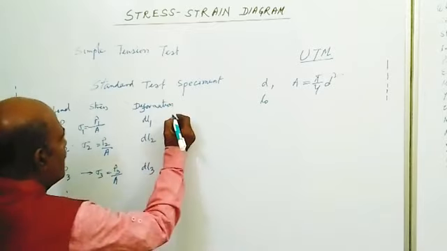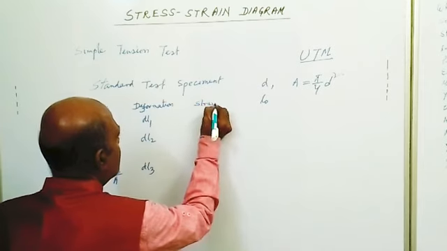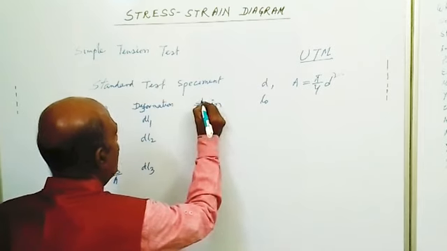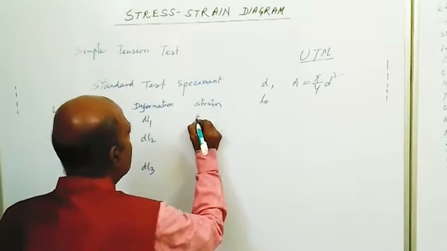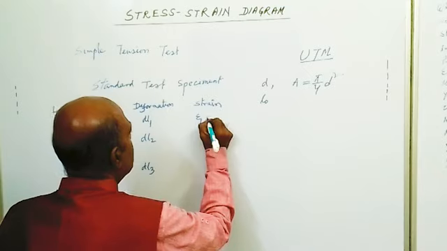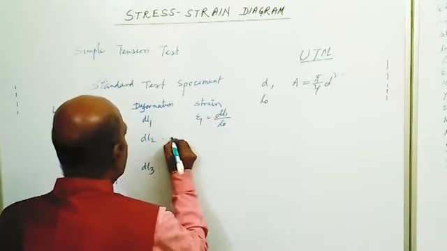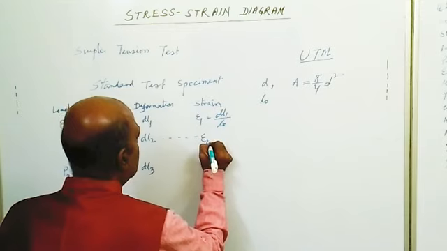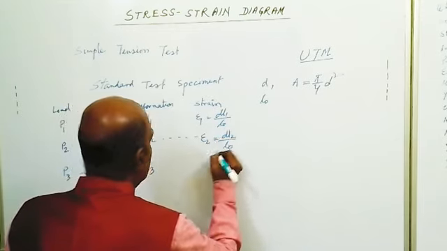Now similarly we can calculate the strain developed at various loading points. Say at this point the strain epsilon 1 is given by dl1 by L0. At this point epsilon 2 is given by dl2 by L0.